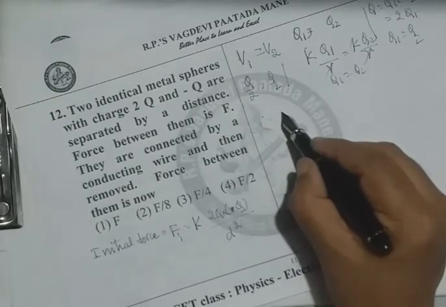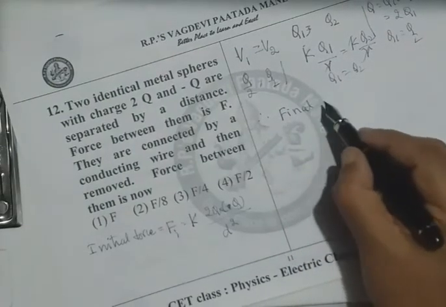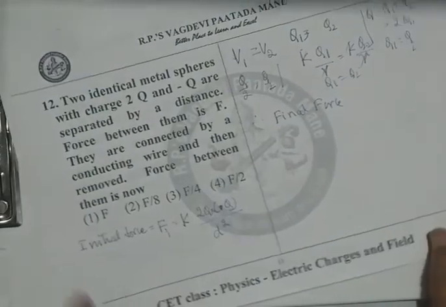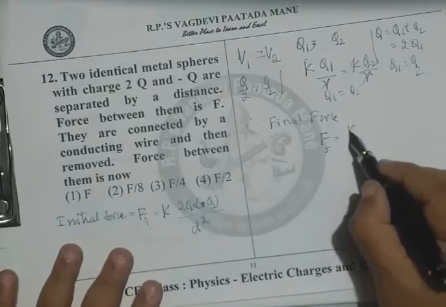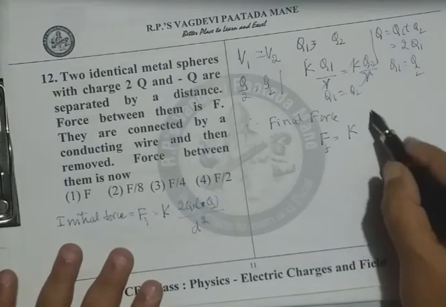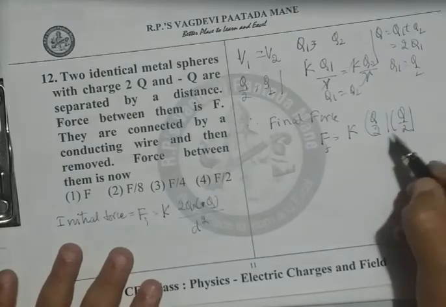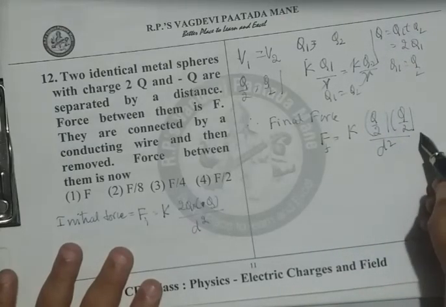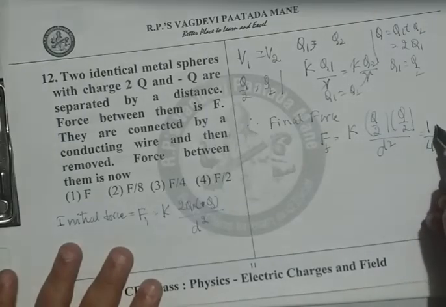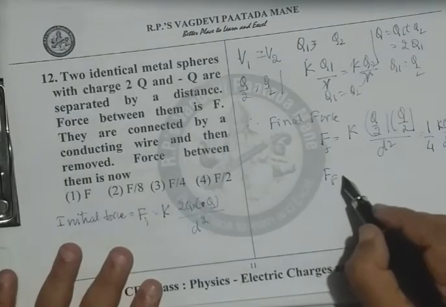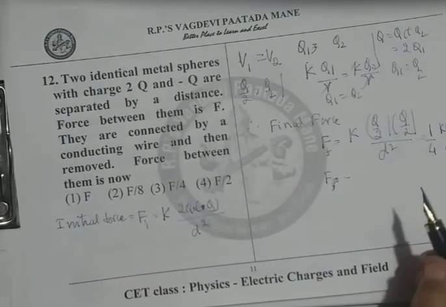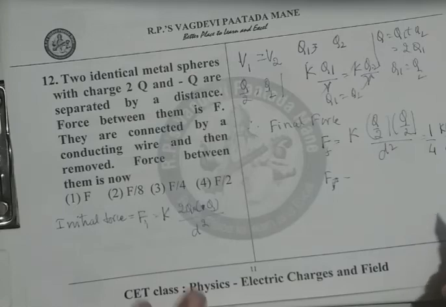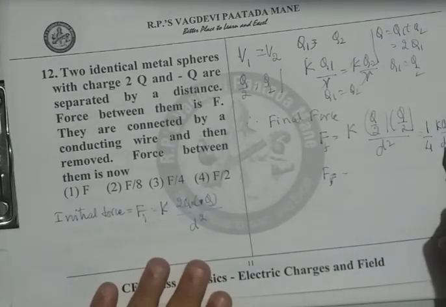Therefore, the new force or final force Ff equals K. Now the charges are q by 2 into q by 2 divided by the same distance d square. So I can write it as k q square by 4 d square. Ff can be written as k q square by d square divided by 4.